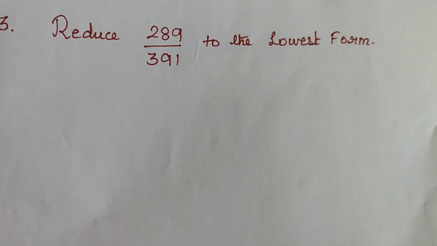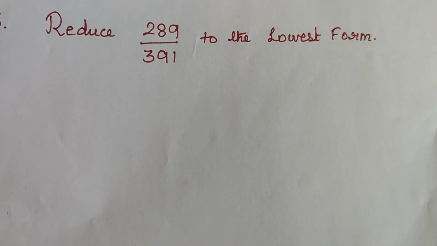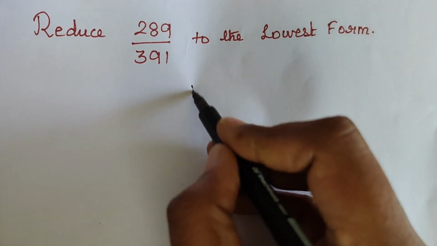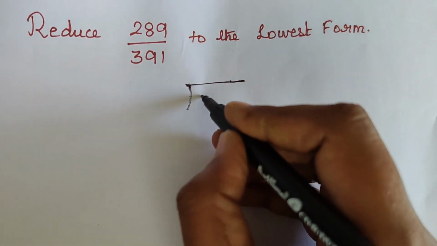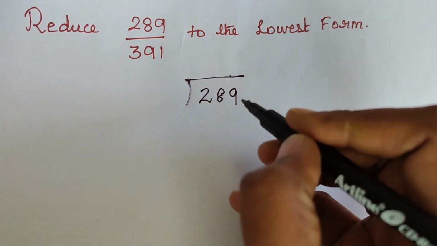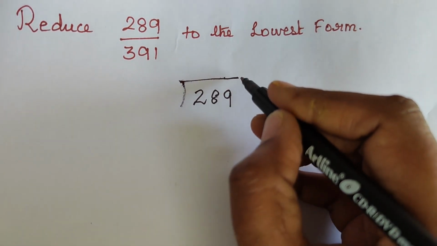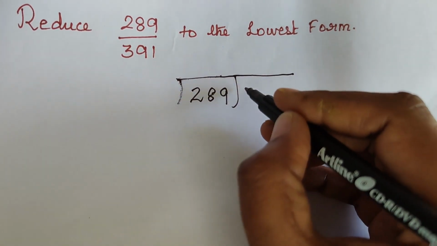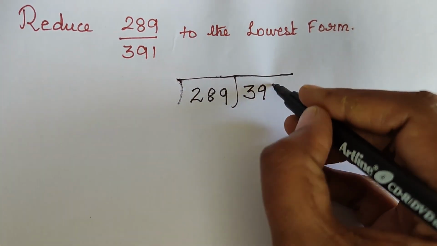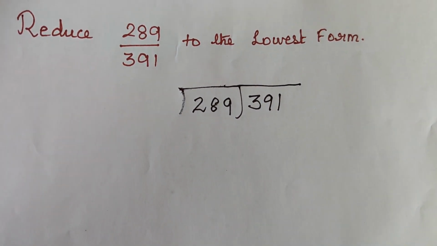Reduce 289 by 391 to the lowest form. In order to reduce to the lowest form, find the common factor between these two numbers. Their common factor is their HCF, the highest common factor. So we are dividing 391 by 289.